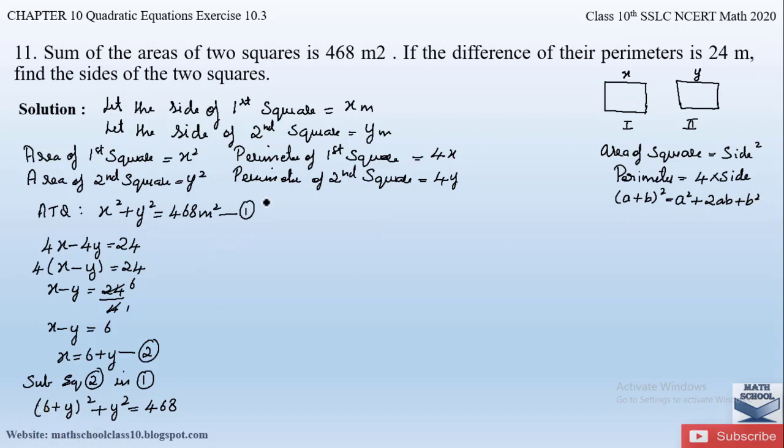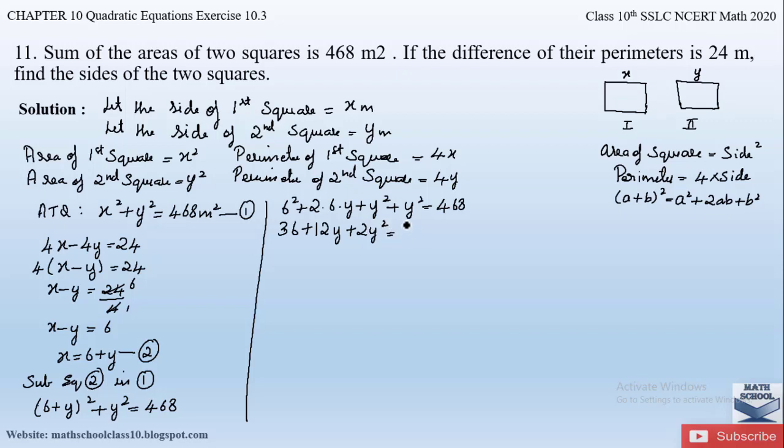So let us substitute that. A square is nothing but 6 square, plus 2 into a, which is 6, and b, which is y, plus b square, which is y square, plus y square is equal to 468. So 6 sixes are 36, plus 6 twos are 12y, plus y square plus y square, you will get 2y square is equal to 468.